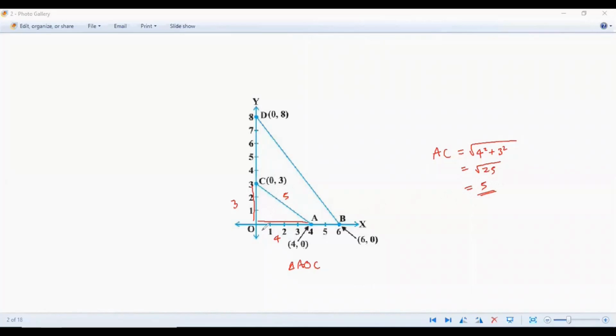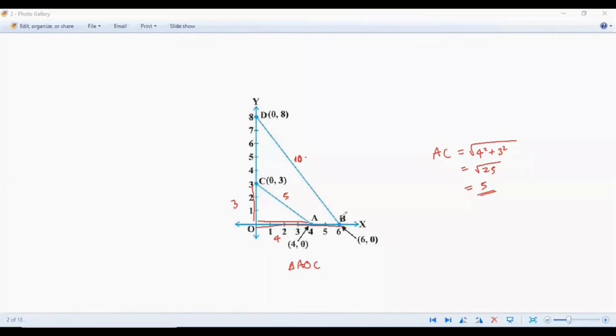Similarly, can you find out and tell the final answer? BD is equal to how much centimeter? 10, very good. 10 unit will be the length of BD, because here BOD will form a right triangle, and the length of BO will be 6 unit, because the coordinates of B is 6, 0.